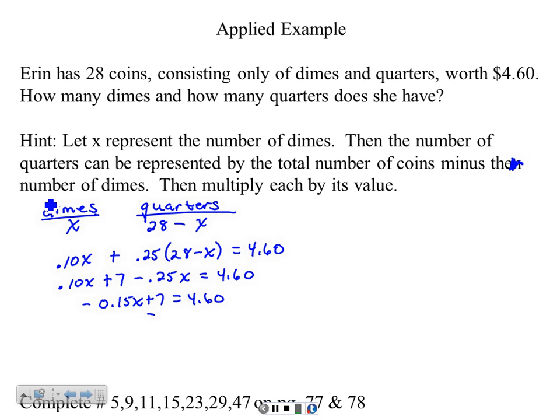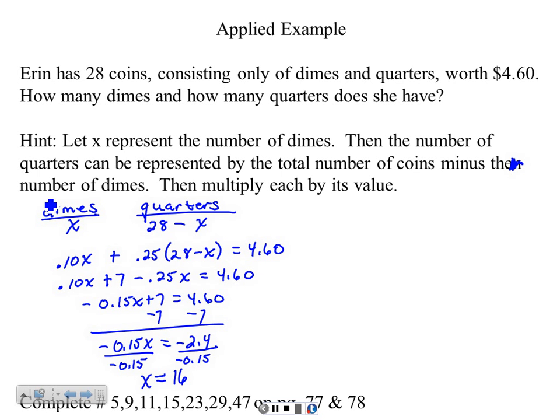Alright, so it's minus 7 from both sides. So I have negative 0.15x is equal to 4.60 minus 7, which is going to give us negative 2.4. And then if we divide by negative 0.15, we're going to get x is equal to 16.